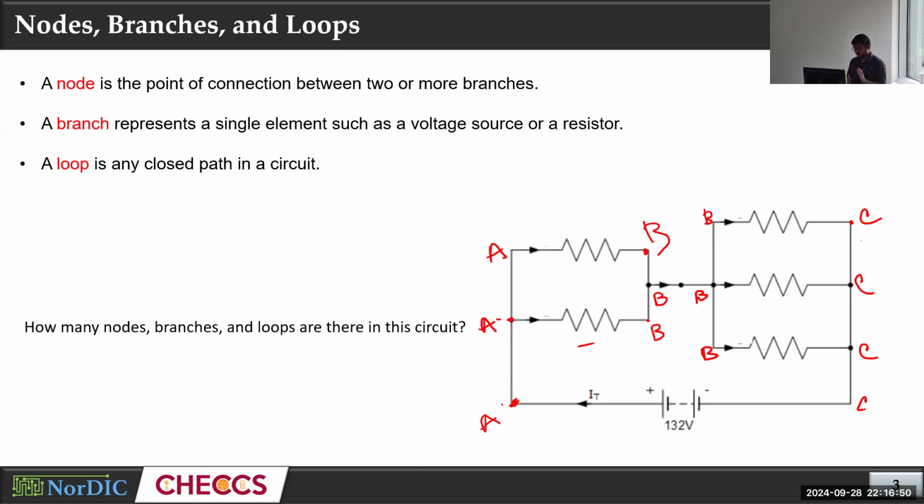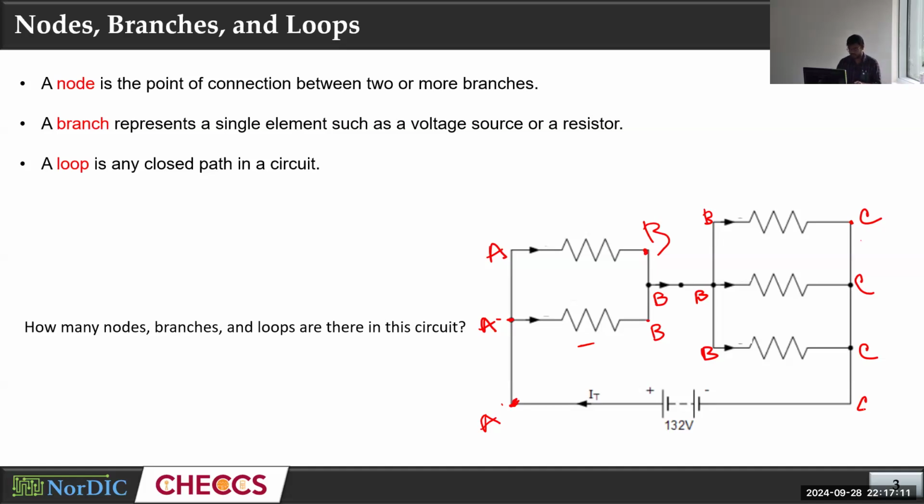Also, I think Mazhar talked about the parallel connection, right? So how do you identify that two resistors are connected in parallel? If they are between the same two nodes, right? So to be connected in parallel, two resistors must be between the same two nodes.